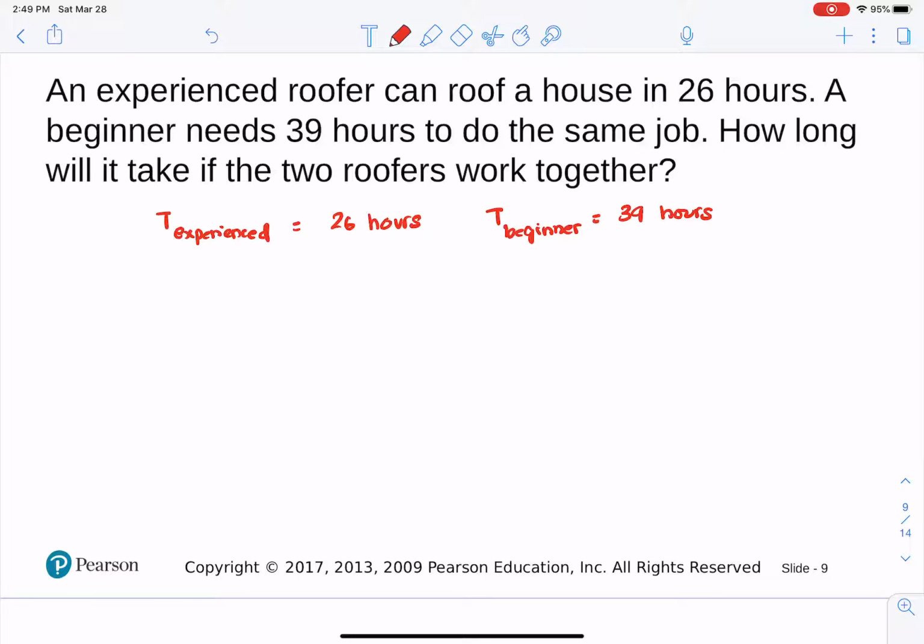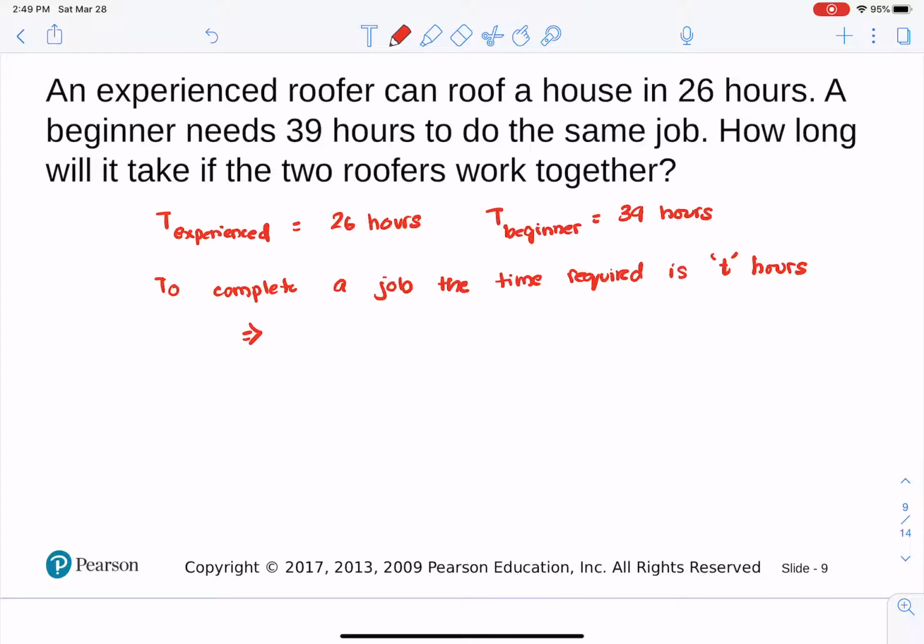So to complete one job, the time it requires for a roofer, let's say it is T hours.